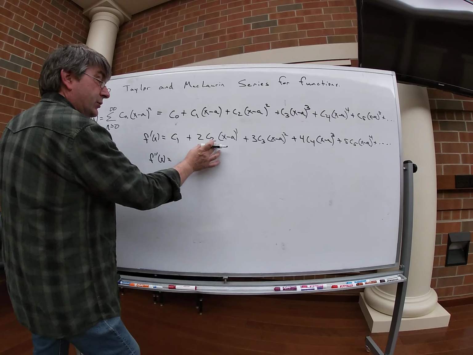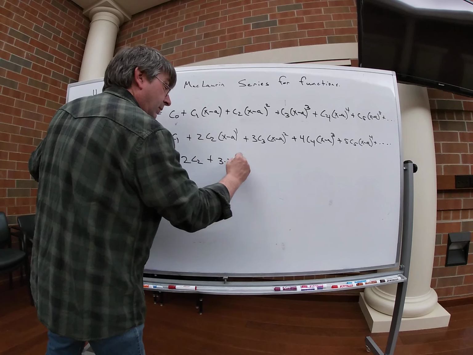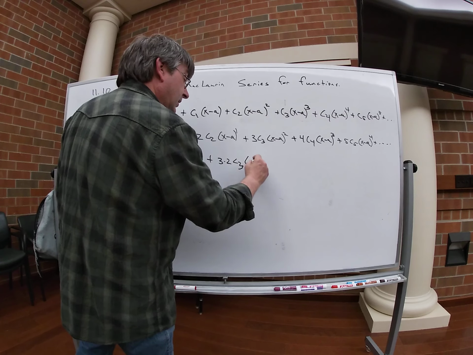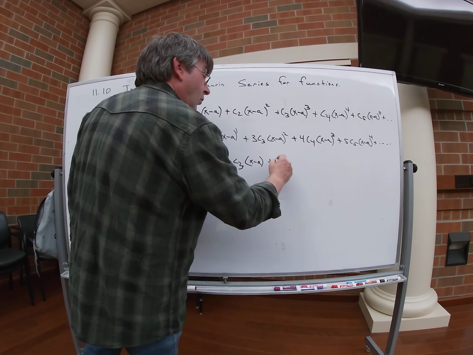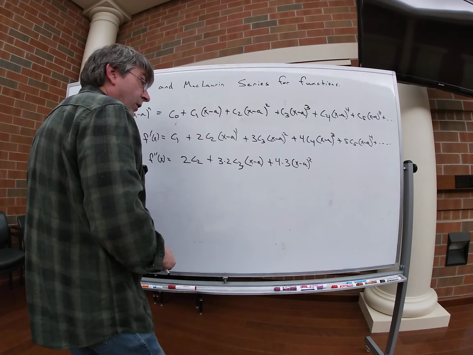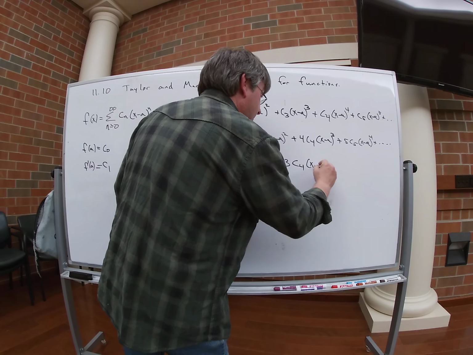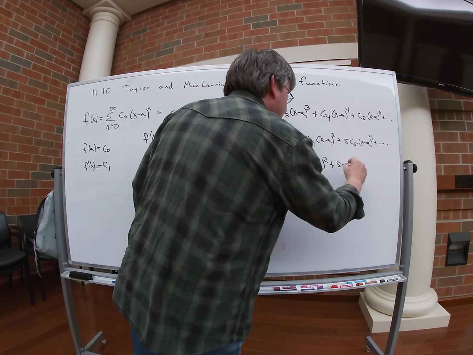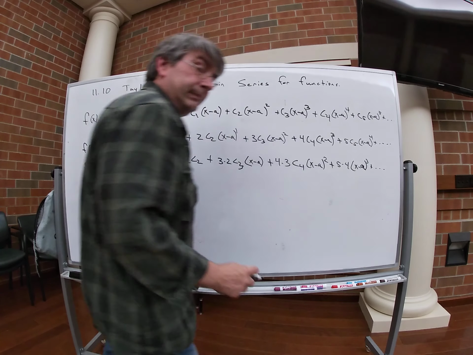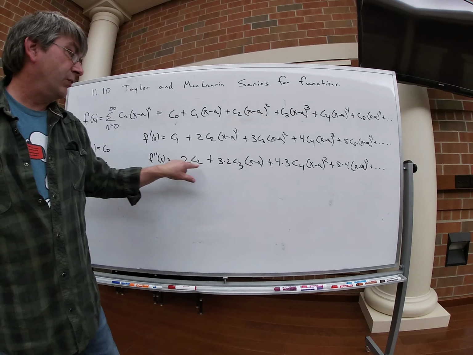This becomes just 1, so I get 2C2 plus 3 times 2, C3, x minus a to the first, plus 4 times 3 times C4, x minus a squared, plus 5 times 4, x minus a cubed, etc. Plug in x equal a, will kill all of these terms, will give me 2C2.